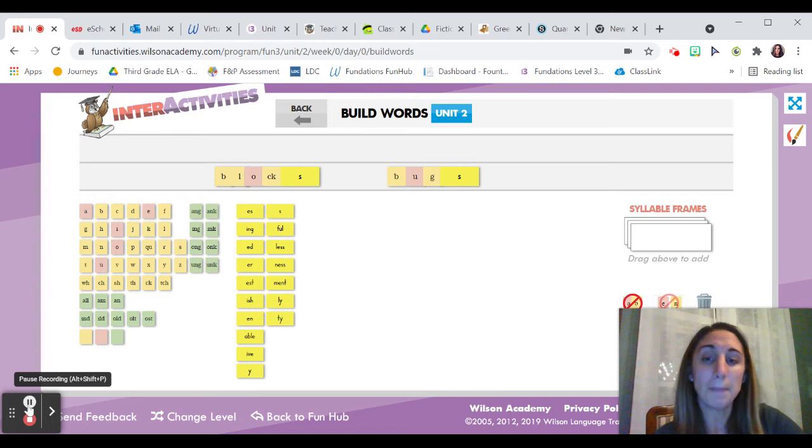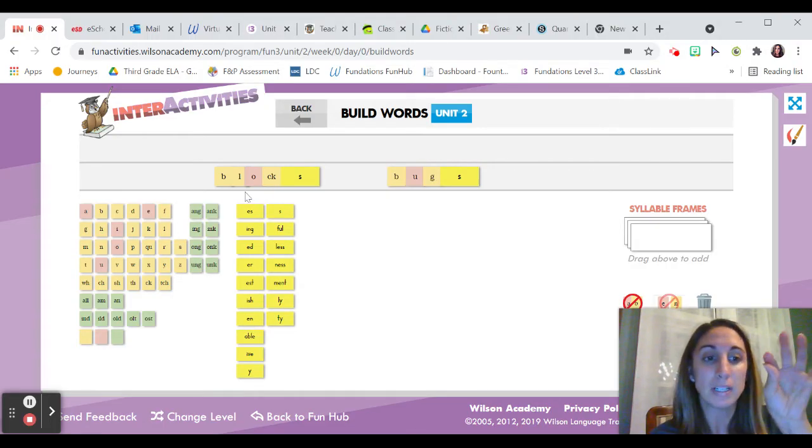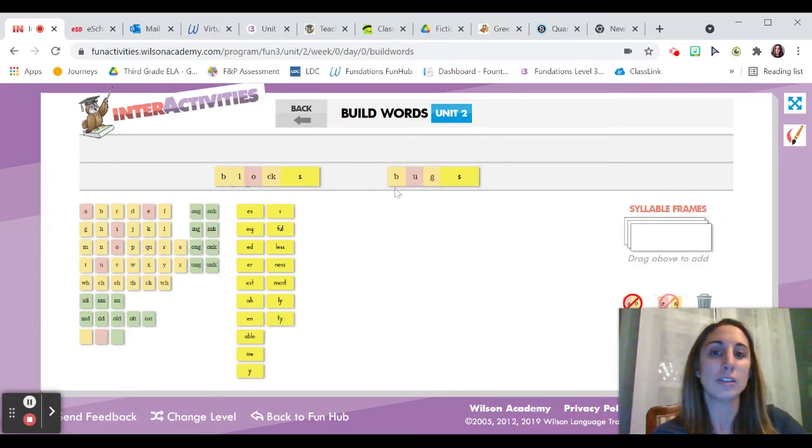Now, when you tap a word that might have a suffix, we only tap the base word. So, for example, for this word, we only tap b, l, o, ck, block, and then you add the s when you say it, blocks. Okay? Now, let's look at this one.